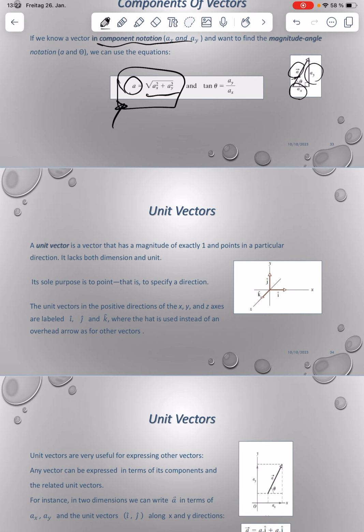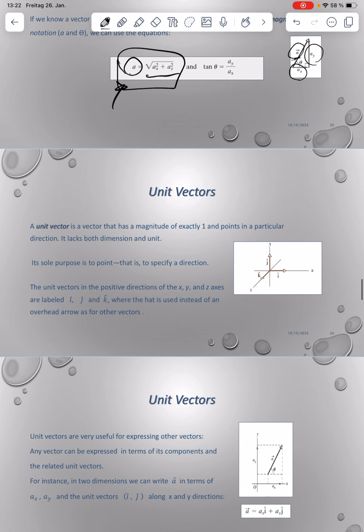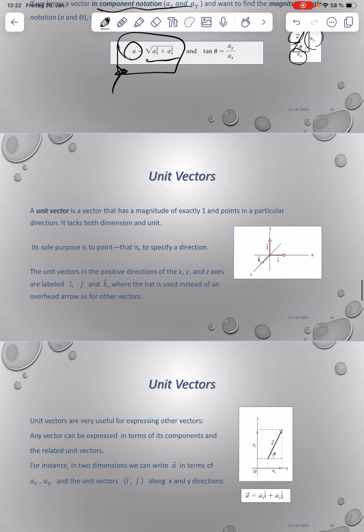Also, we know unit vectors. What is a unit vector? Unit vectors have a direction, and they also have a magnitude, but it's called 1.